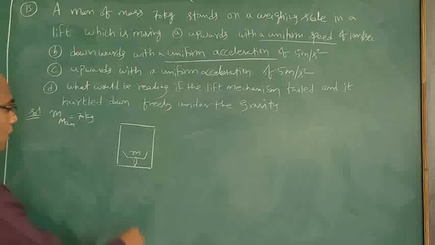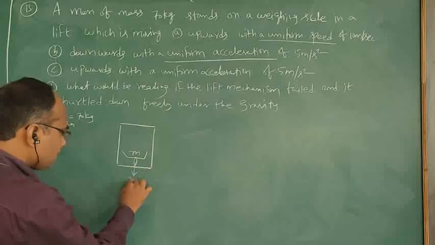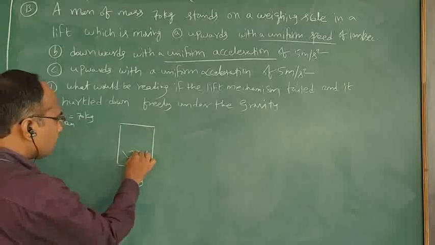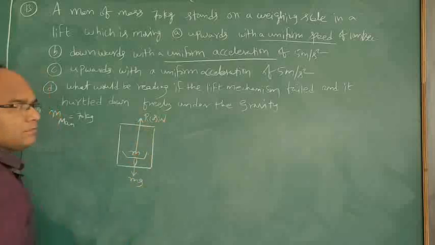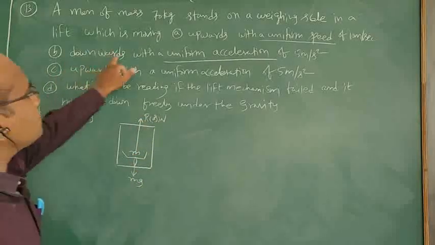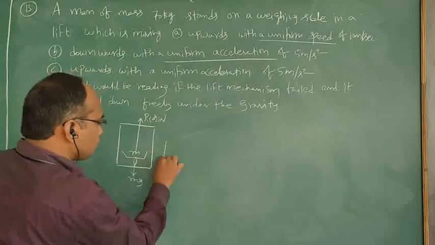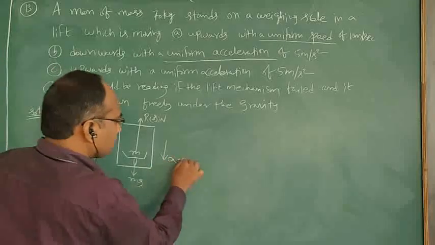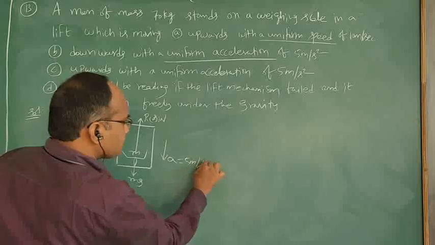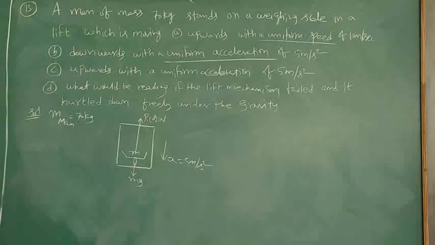Now this is mg and this is the normal reaction. Downwards with a uniform acceleration, how much is given? 5 meter per second square.